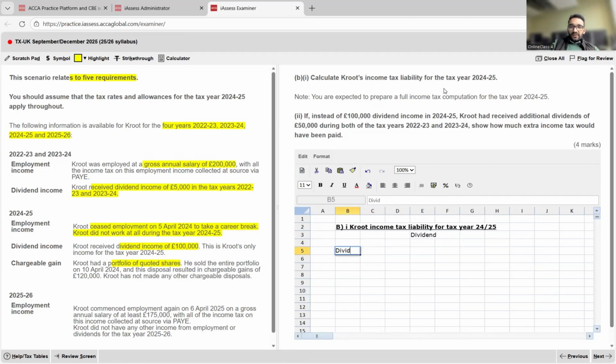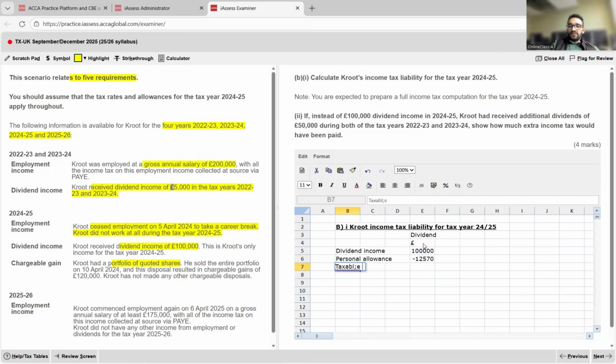So the dividend income is actually 100,000, right? There are 4 marks, most probably 2 marks for part A. 100,000. As your ANI is equal to 100,000, not greater than, you'll be getting the full personal allowance.